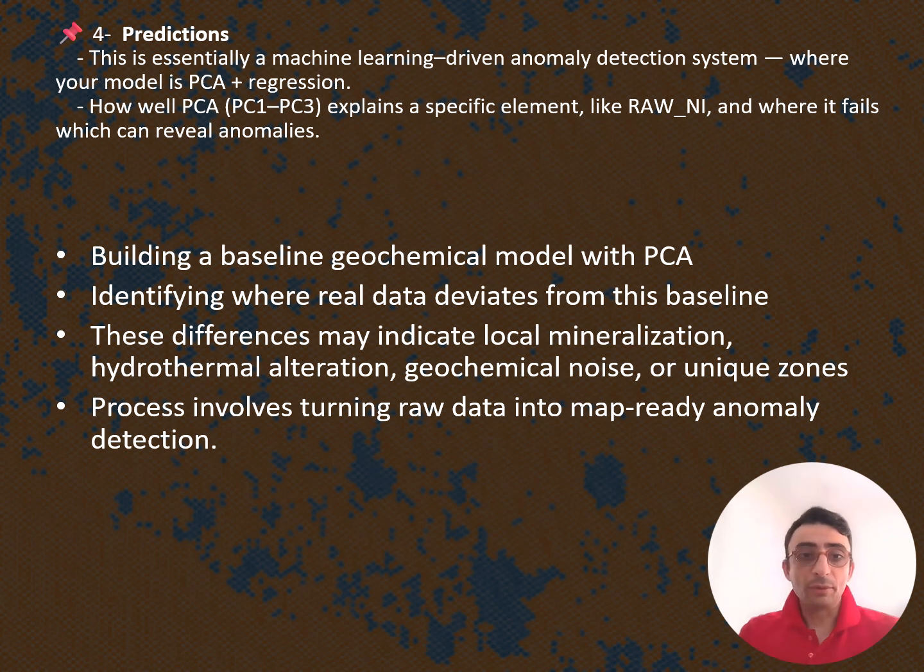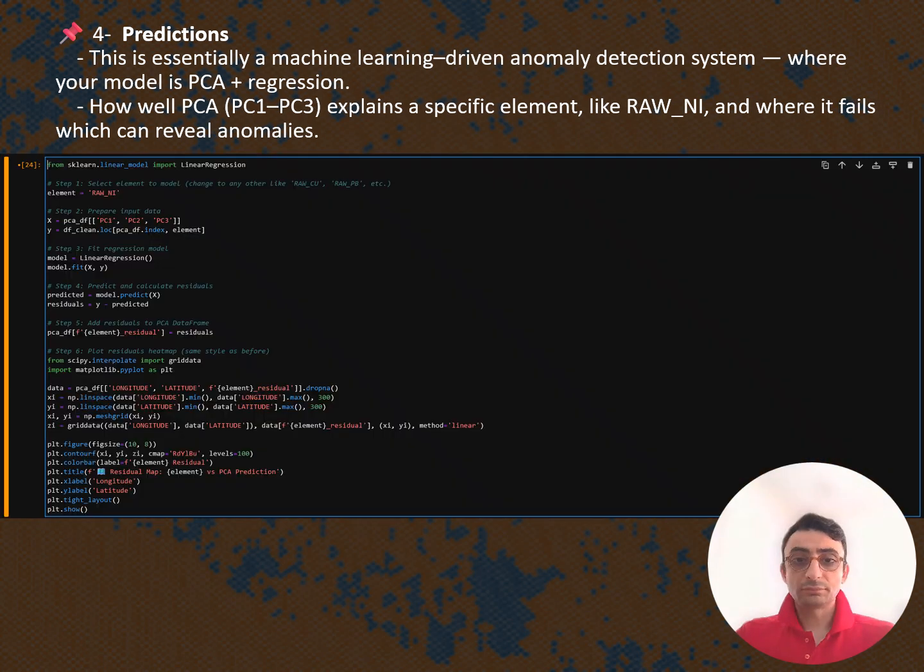This will give you a geo-aware visual of geochemical trends that aligns with real-world geography. So up until now, you're building a baseline geochemical model using PCA. Now we're asking, where does reality disagree with this baseline? This disagreement highlights local mineralization, hydrothermal alteration, or geochemical noise, and helps us with anomaly detection.